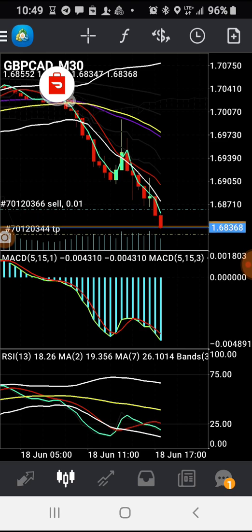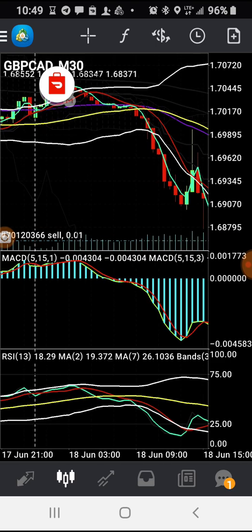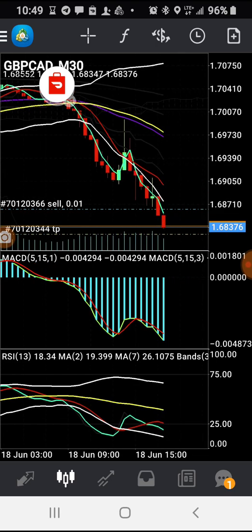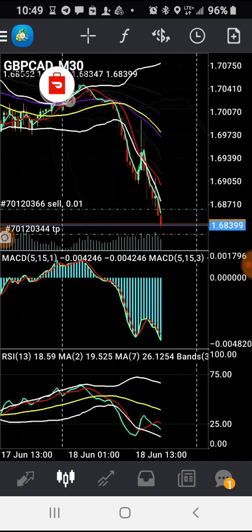You can see that this one is higher than this. But look at my TDI. You can see that this one, which corresponds to this line, is higher than this. That's divergence. Then immediately the crossover occurs between red and green.